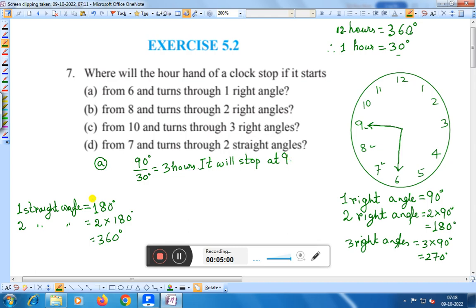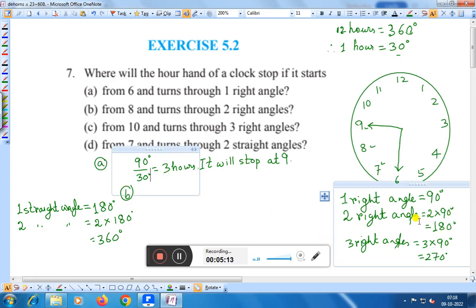Now question number B is from 8 and turns through two right angles. Two right angles means 180 degree, right?